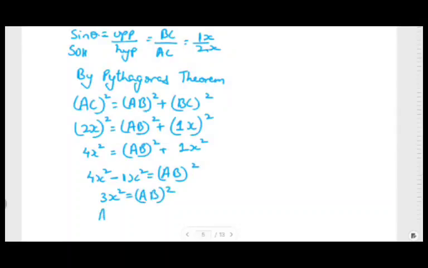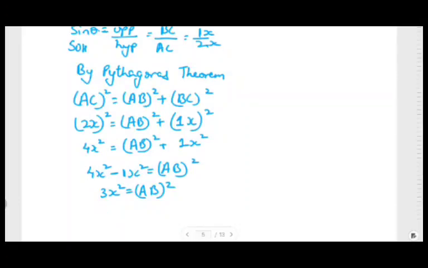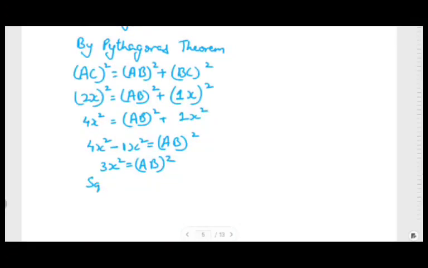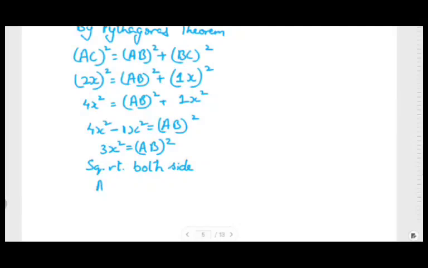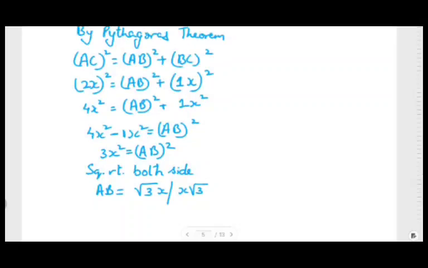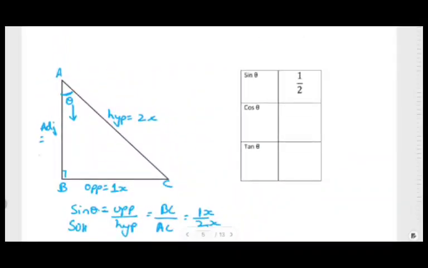So square root both sides, and it becomes AB, and this becomes root 3 and x multiplied. So either write it here or write x root 3. Anything is good. Alright, so my AB value is x root 3. Cool.